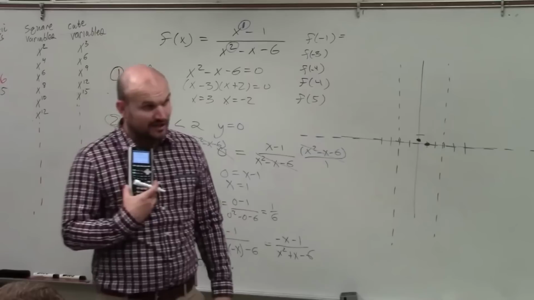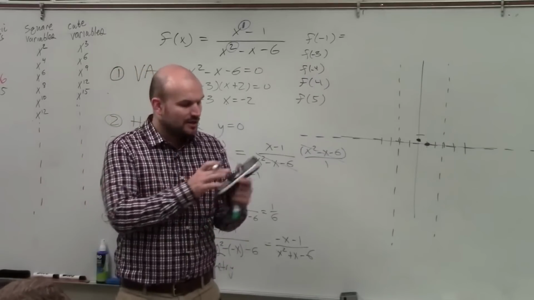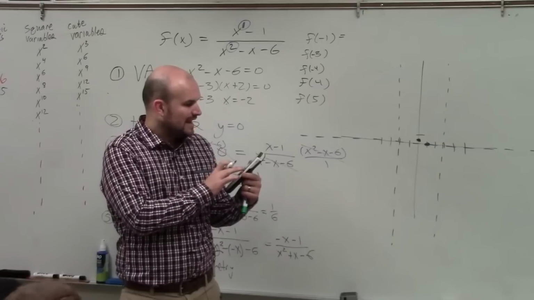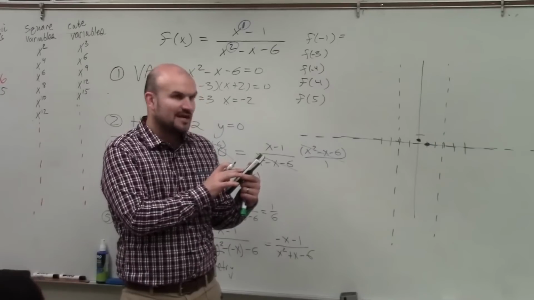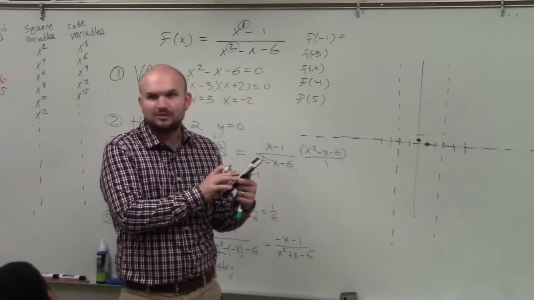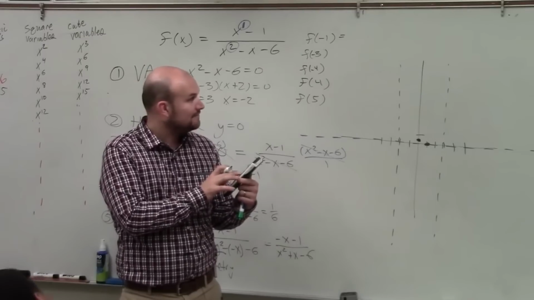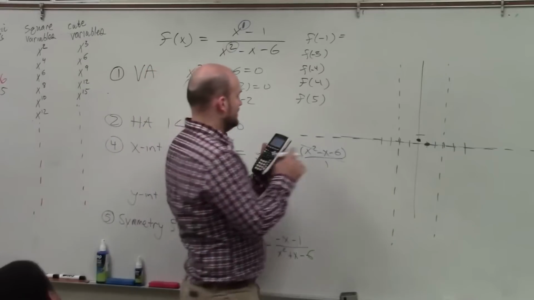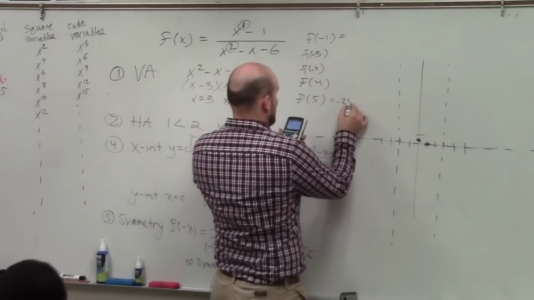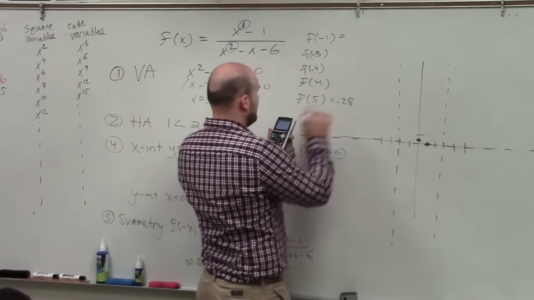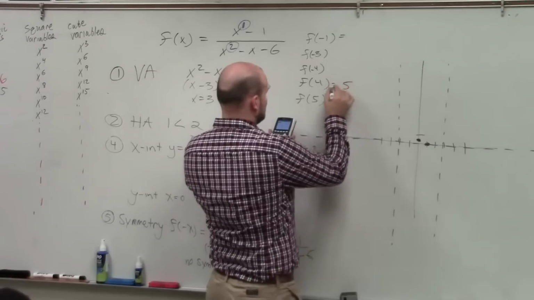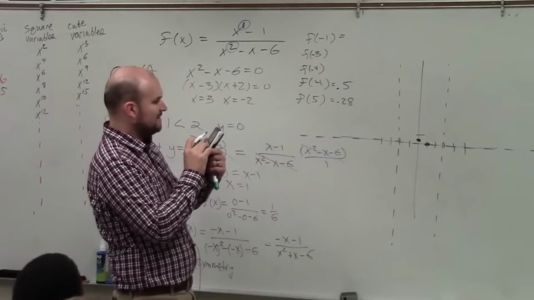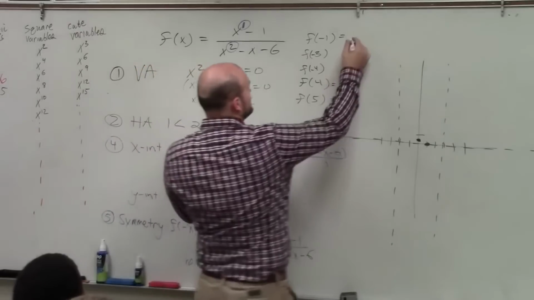If you have access to a calculator, you can just go to the table function, and that will tell you what they are without having to do all that algebra. For the sake of time, f of 5 is 0.28. f of 4 is 0.5. f of negative 1 is 0.5.